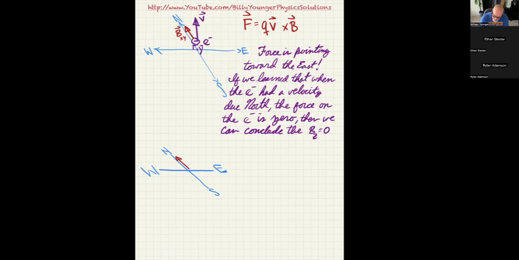Now let's imagine that I have a positive particle like a proton, and its velocity is in the east. I should draw that a different color because it's not standing out enough. Okay. Now, can anybody tell me in which direction will the force point?